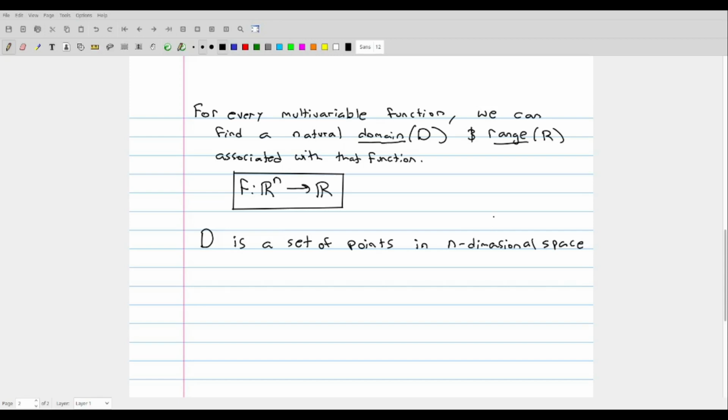Remember, we're symbolizing n-dimensional space using the real number line symbol to the power n. That's what we mean by n-dimensional space in terms of notation. So the domain is a set of points in n-dimensional space where the function is defined.